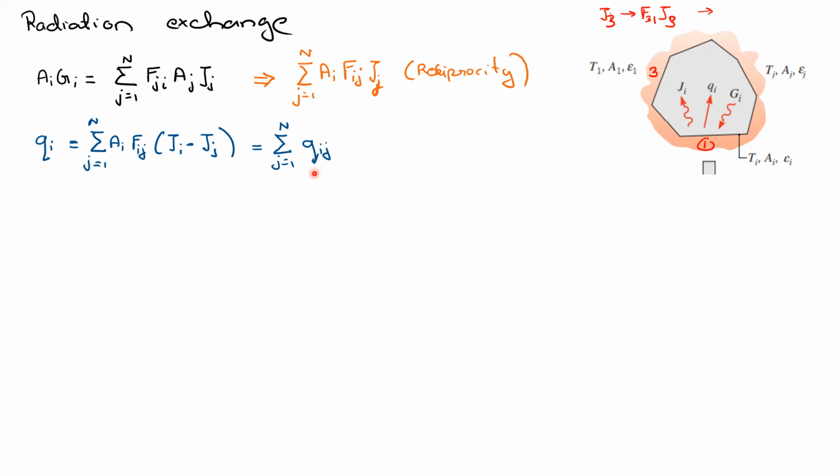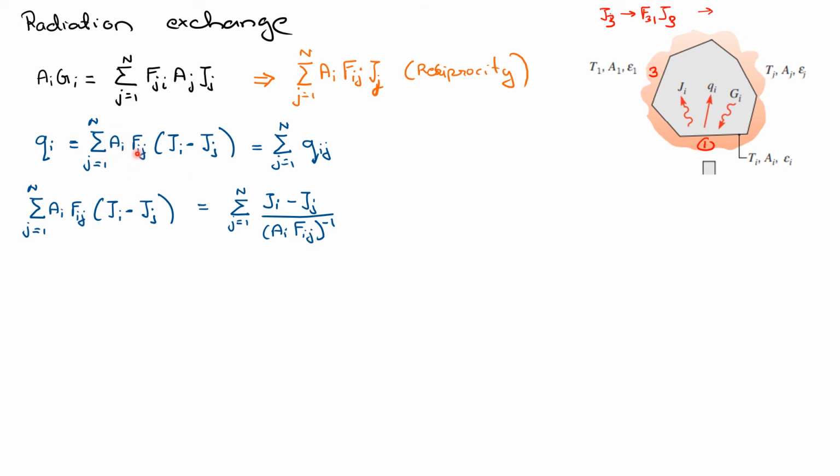So this is nothing but the summation of heat exchange between each pair of surfaces. It will be a summation of heat exchange between 1 and 2, 1 and 3, 1 and 4, 1 and 5, and so on. So I can write this equation as the summation of (Ji minus Jj) divided by (1 upon Ai Fij).